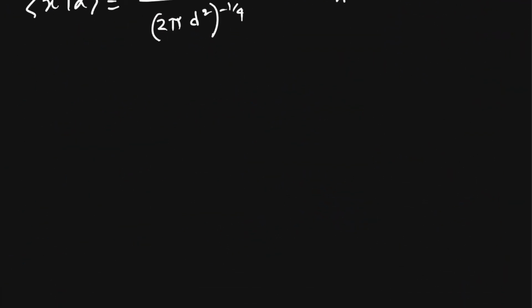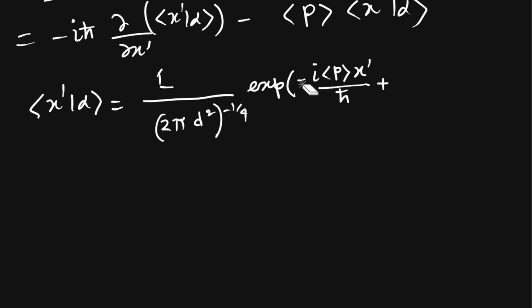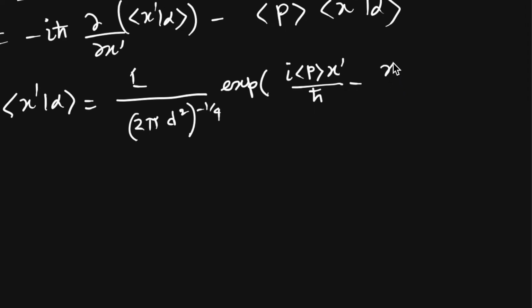That means this is plus and the second term is minus, so this term is minus x prime minus expectation of x, its square, by 4 d square.